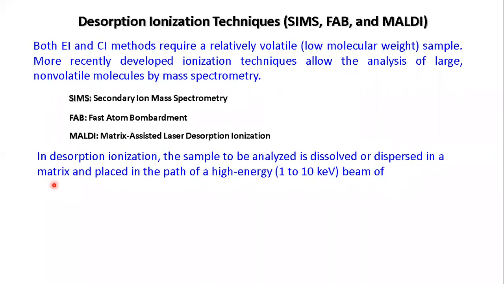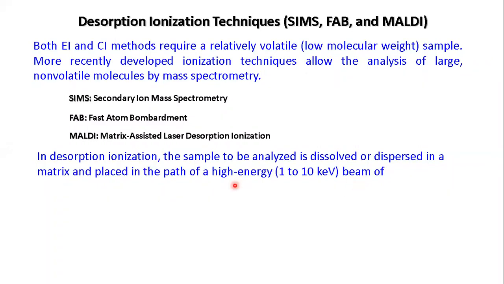Definitely the matrix will have high concentration with respect to your sample molecule. Now that mixed system you have to place in the path of a high energy beam, very high energy, 1 to 10 kilo electron volt.